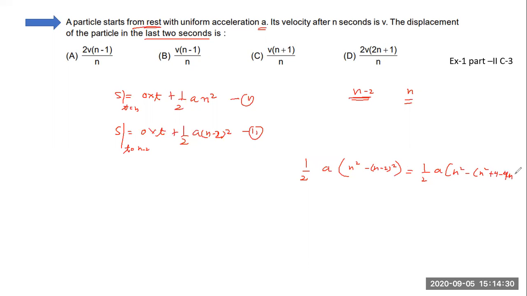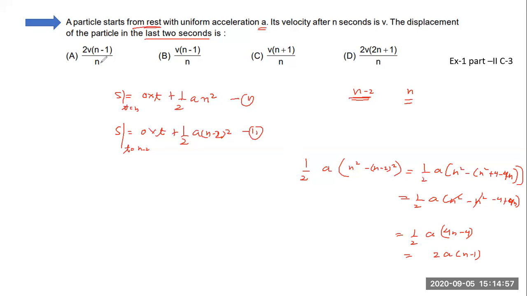Okay, so when you open the bracket, we get a n square minus n square minus 4 plus 4n. So this is 1 by 2 a into 4n minus 4, which is equal to 2a into n minus 1.